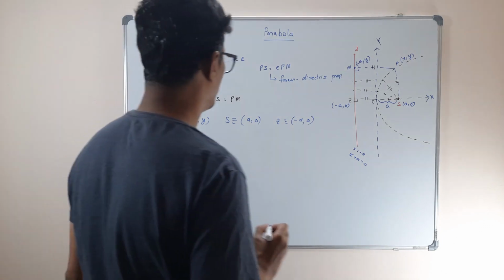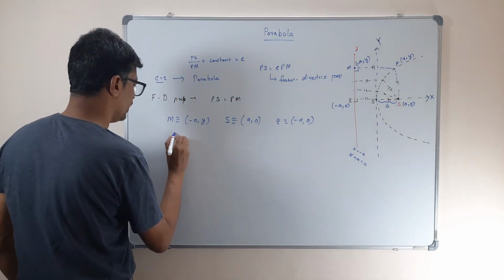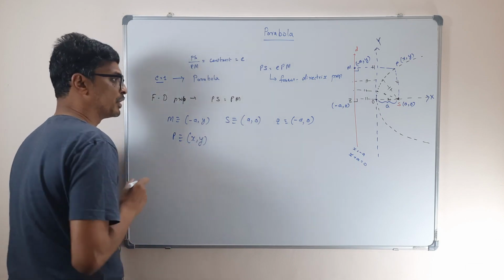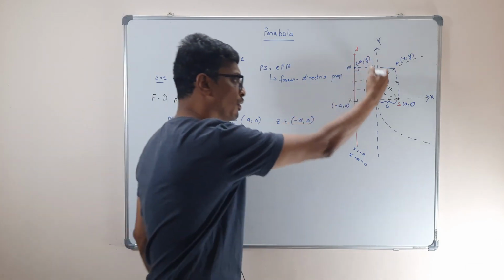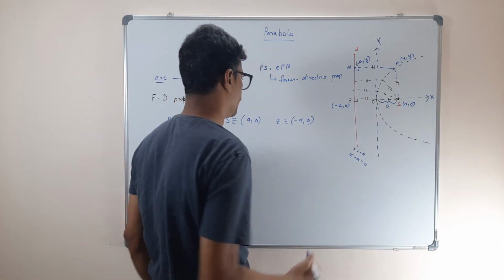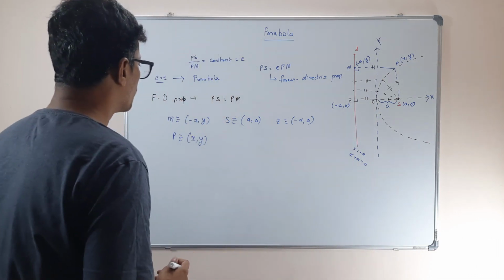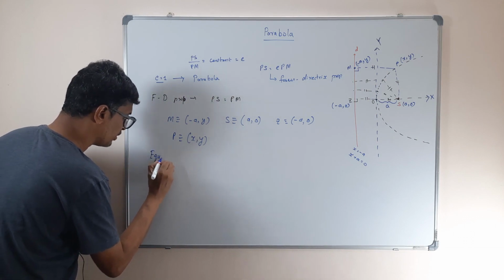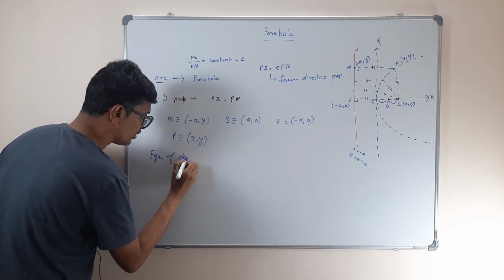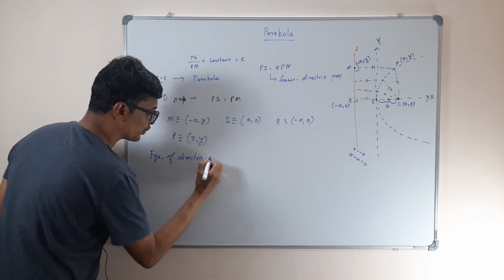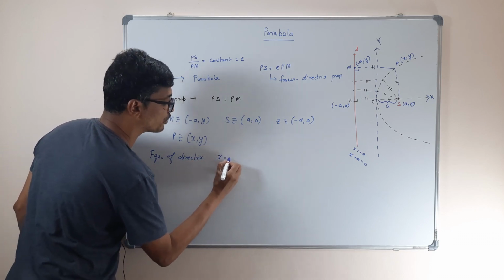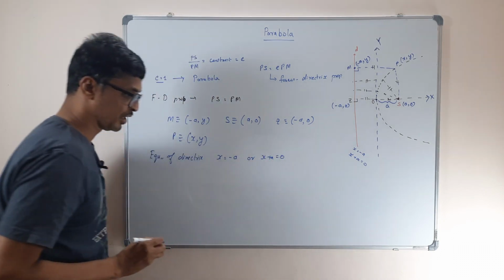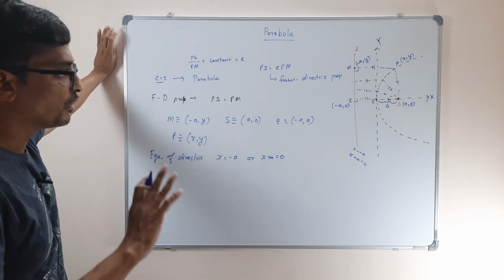P is equal to x comma y, and this is a locus. We want to find the locus of this point P which is going to move all along. And of course, O is 0 comma 0. Fine. And the equation of the directrix is x is equal to minus A, or x plus A equal to 0. Fine. So now we have all the things.